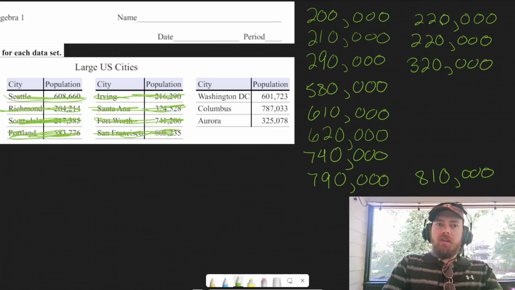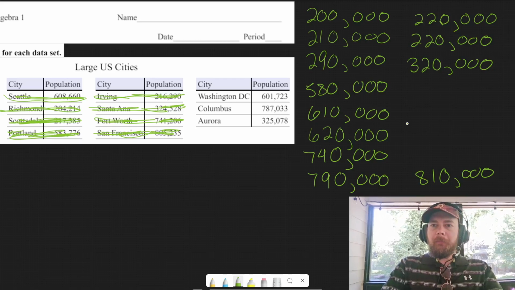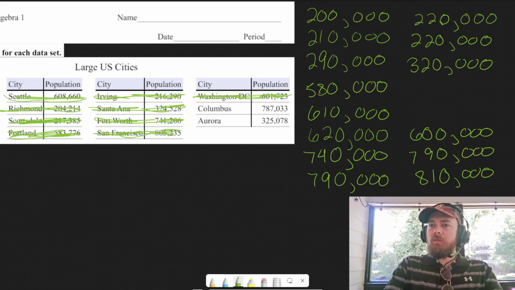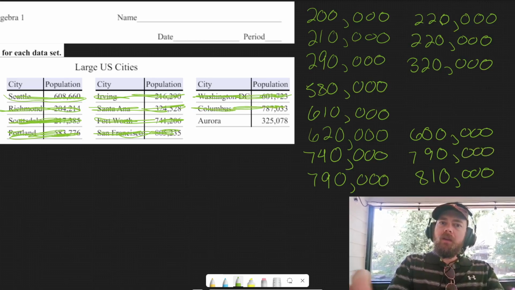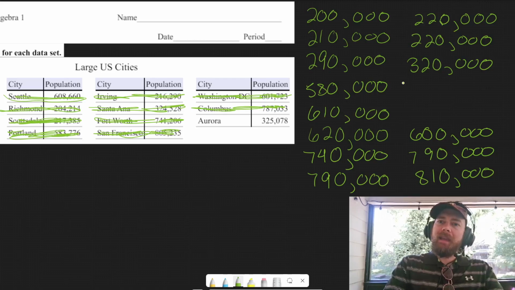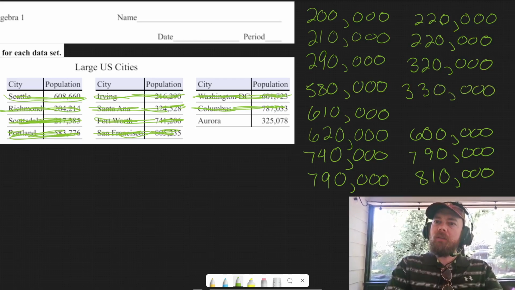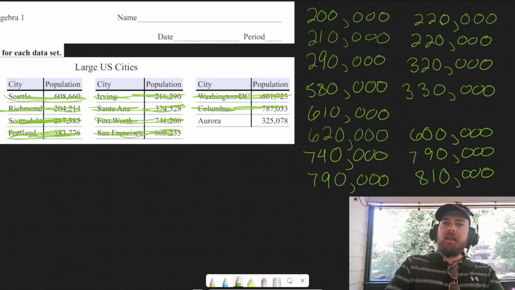Washington, D.C. We'll put that one right here. 6, 0, 0, 0, 0, 0. Columbus, 7, 9, because the 7 in the thousands place rounds it up. Aurora, like Aurora Borealis, 3, 3, 0, 0, 0, 0. Whew. Okay, so we got all of our data.